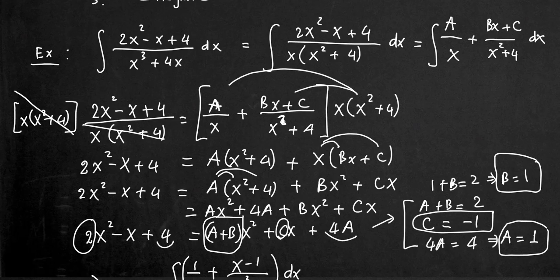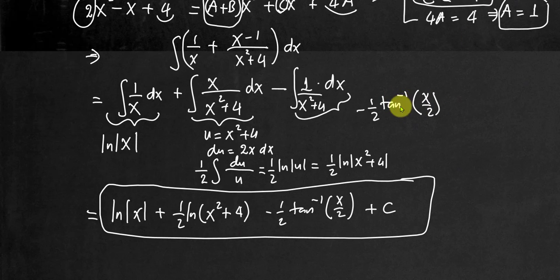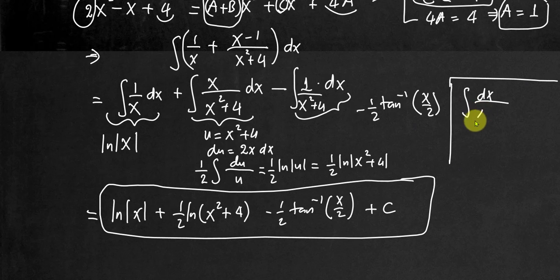For the inverse tangent here, let's just recall the formula for the inverse tangent that you learned from calculus 1. The integral of dx over x squared plus a squared will be equal to 1 over a and inverse tangent of x over a, and then add c.